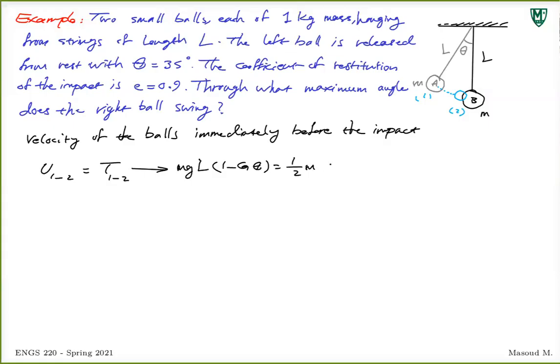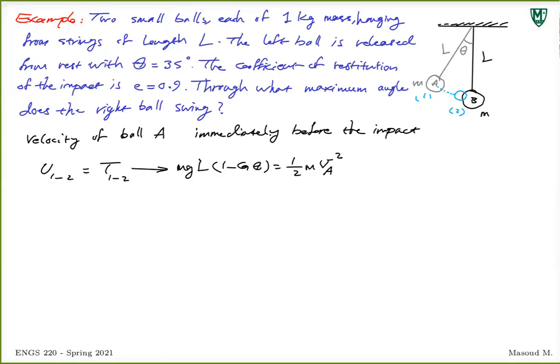Velocity of ball A immediately before the impact. This is better. So VA squared, I'll just go with VA squared. This velocity at the end, 1/2 mv2 squared minus 1/2 mv1 squared, right?